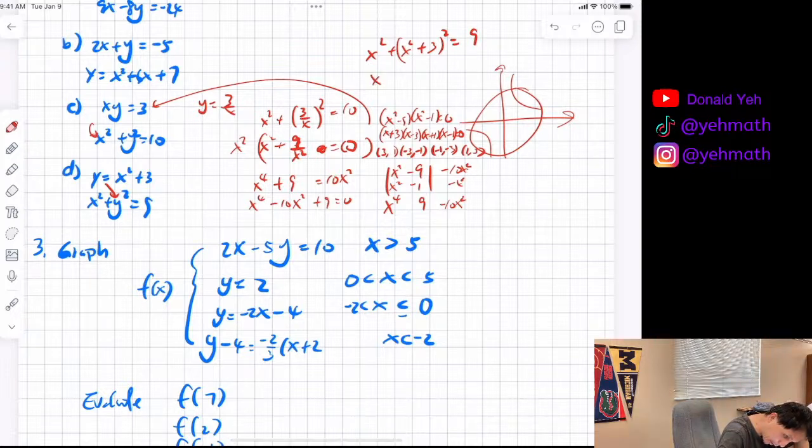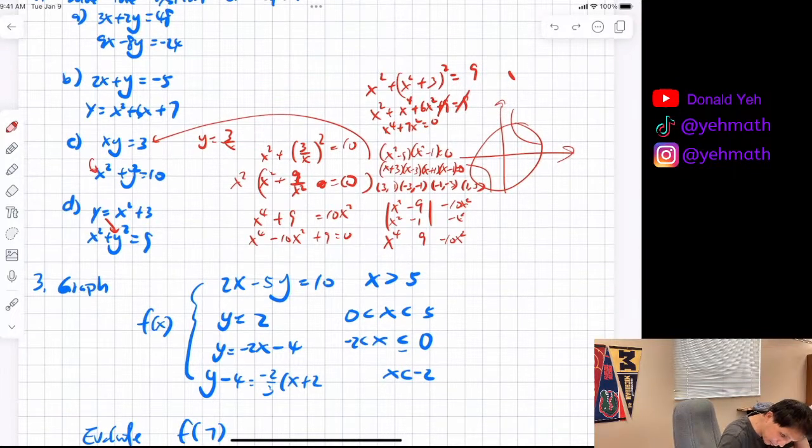So that's going to be x squared plus... don't kill the puppy here. What I mean by kill the puppy is it's not x to the fourth plus 9, it's actually x to the fourth plus 6x squared plus 9 equal to 9. So 9 and 9 cancel out. This is x to the fourth plus 7x squared equal to 0.